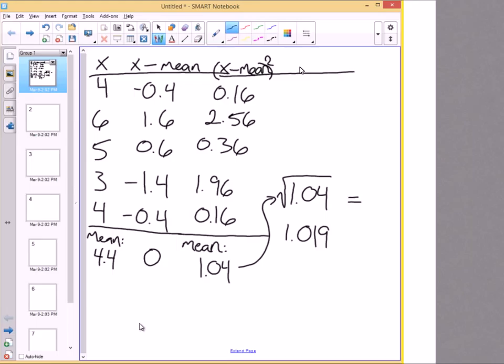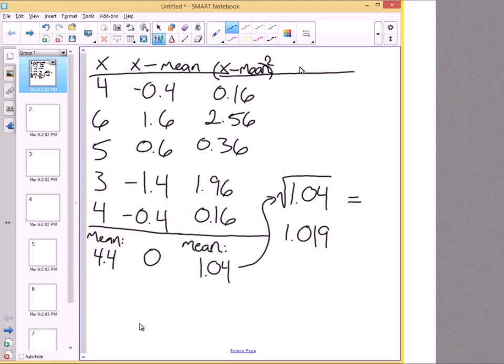Exactly. And you're looking at that, that's 1.019. It's about 1, and these all fall about 1 more or less away from the mean. So just trying to make sure you didn't make some horrible error in the middle. It's not going to be a perfect, exact numerical answer.